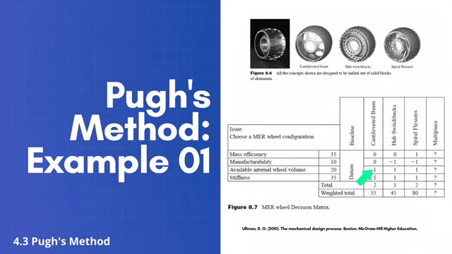But for criteria available internal wheel volume we have 1, and for criteria stiffness we have 1. So 1 times 20 for internal wheel volume we have 20, plus 1 times 35 for stiffness, so we have 35. So 20 plus 35 we will get 55.